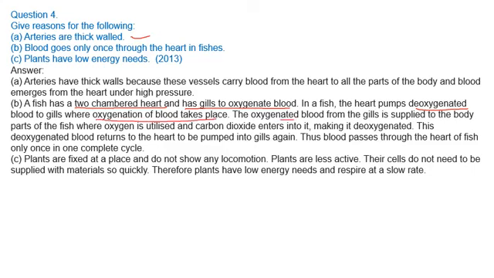Then the oxygenated blood from the gills is supplied to the body parts of the fish where the oxygen is utilized and carbon dioxide enters into it, making it deoxygenated. This deoxygenated blood returns to the heart to be pumped into gills again. That's why it needs only a two-chamber heart. One has oxygenated blood, the other has deoxygenated blood. And the blood passes through the heart of a fish only once in one complete cycle.